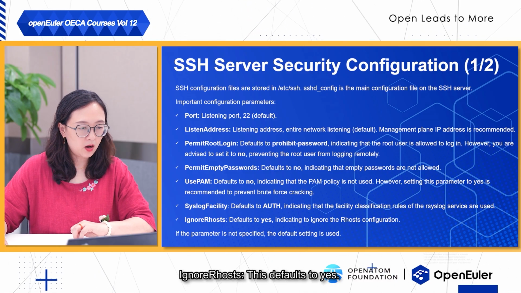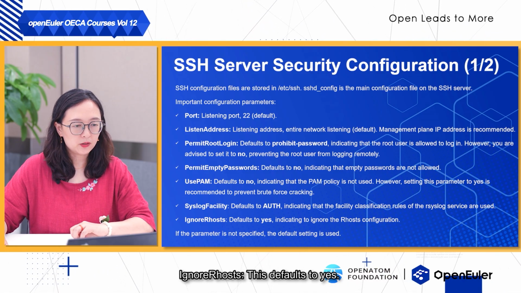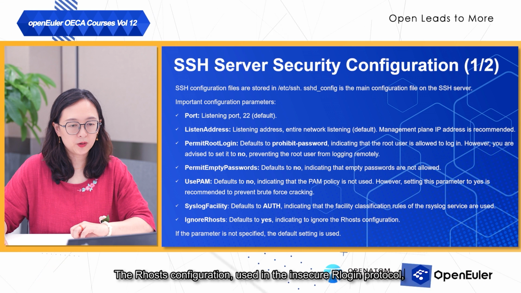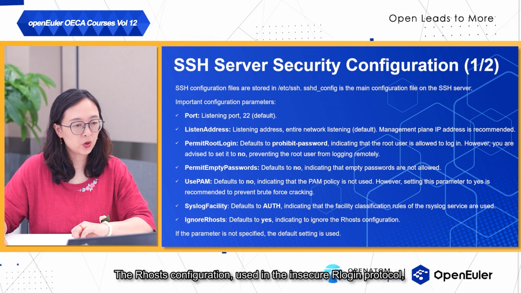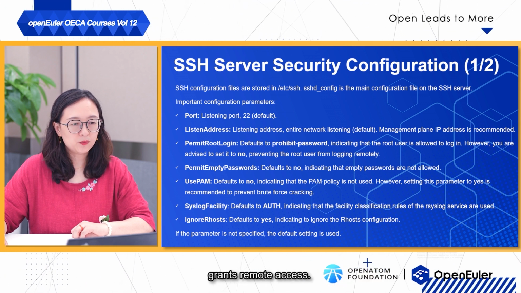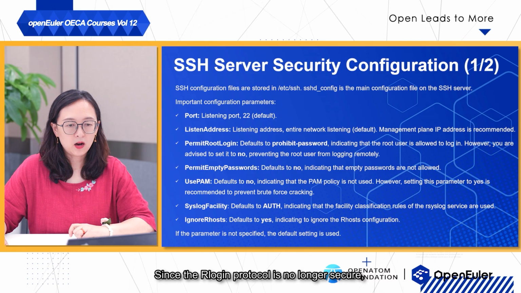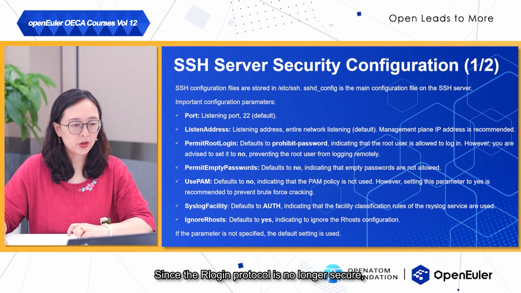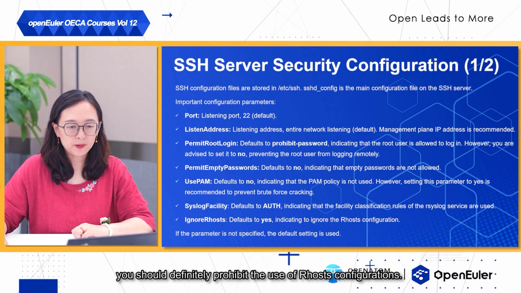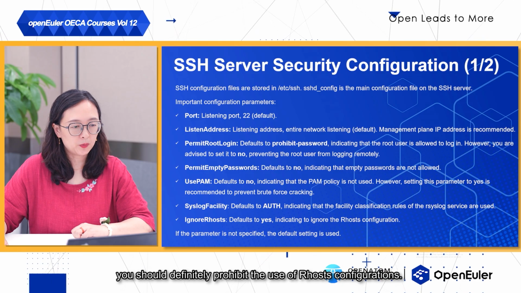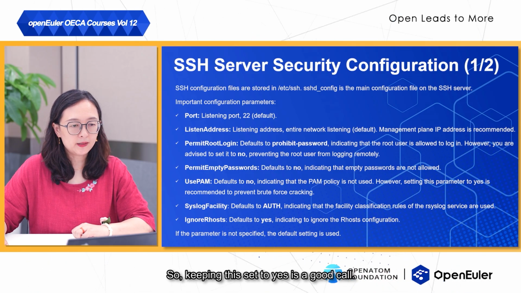IgnoreRhosts. This defaults to yes. The rhosts configuration used in the insecure rlogin protocol grants remote access. Since the rlogin protocol is no longer secure, you should definitely prohibit the use of rhosts configurations. So keeping this set to yes is a good call.